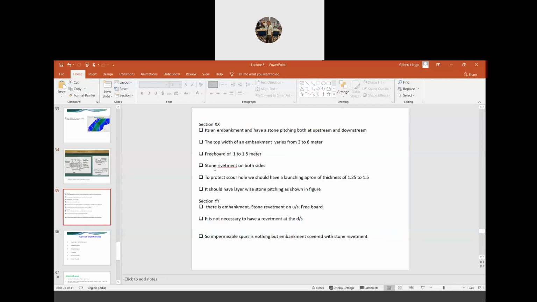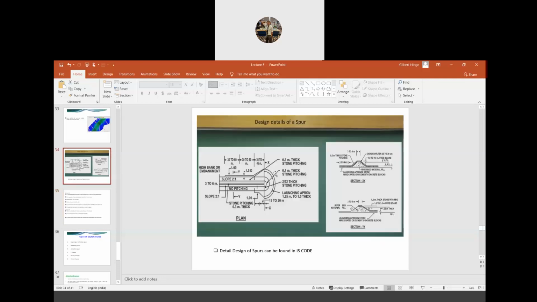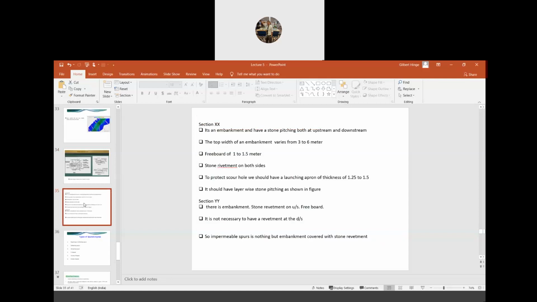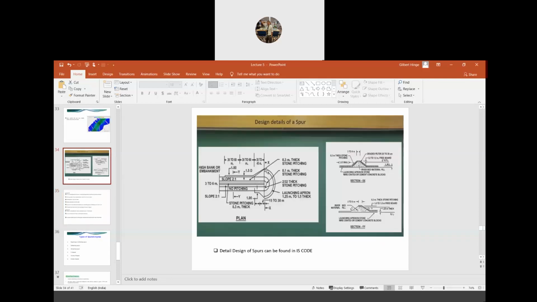Then what else do we provide? We provide some kind of stone revetment on both sides. And then we also provide some kind of launching apron here. This apron is called a stepwise apron. You see here why we provide these aprons: to protect it from scouring. Here we have different steps of apron.